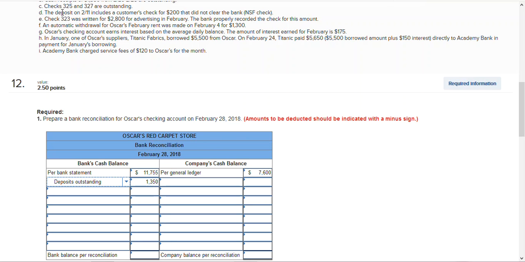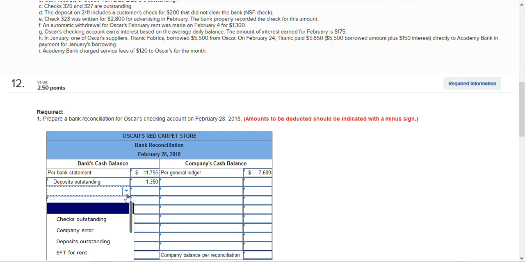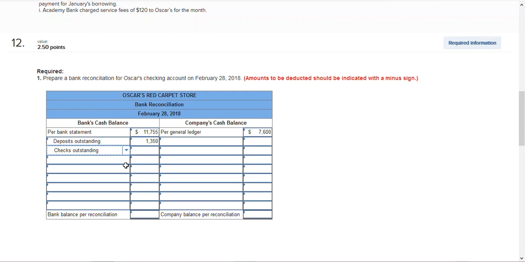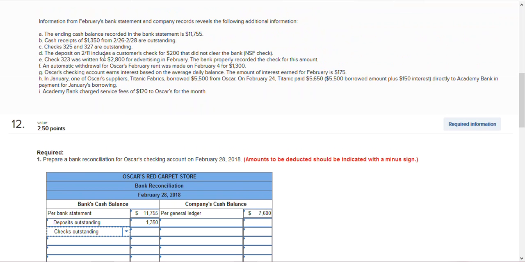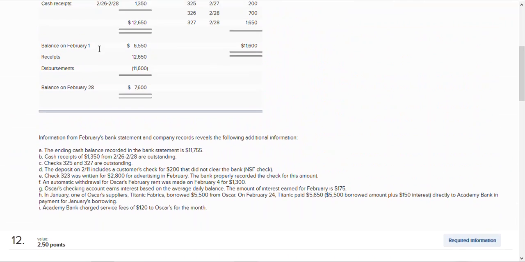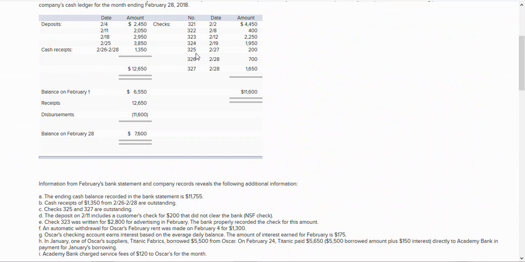And then we're to C, it says checks 325 and 327 are outstanding. So it doesn't look like they're requiring us to put those in separately, so I would just add those together. We don't know how much they are, but if we go back up to our books, we should be able to find 325 and 327.